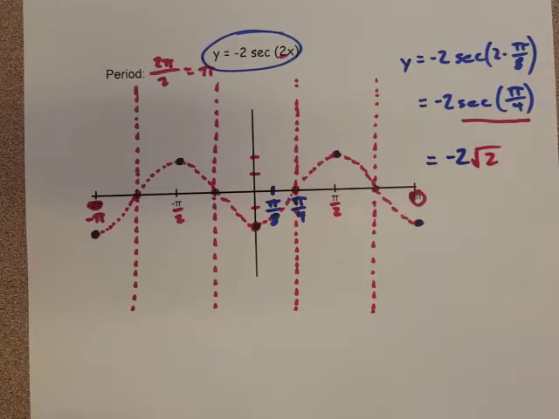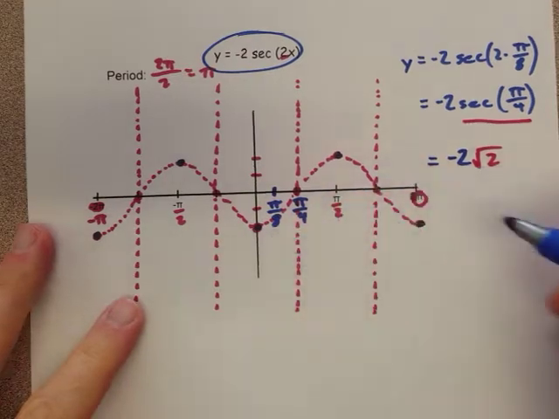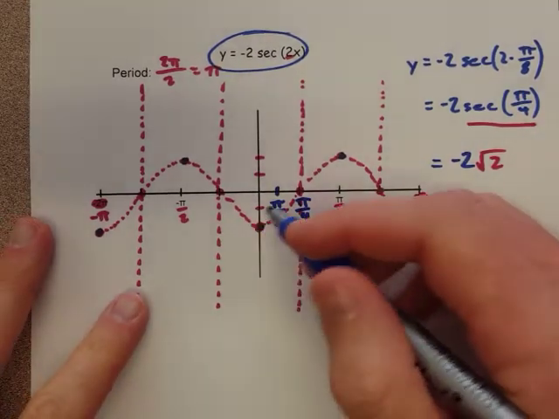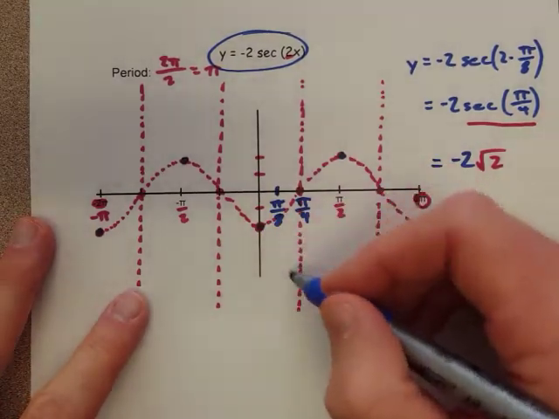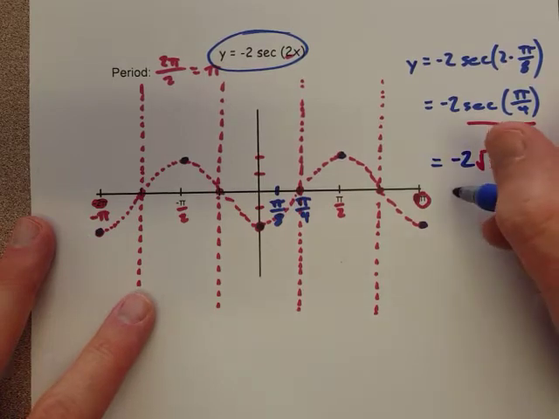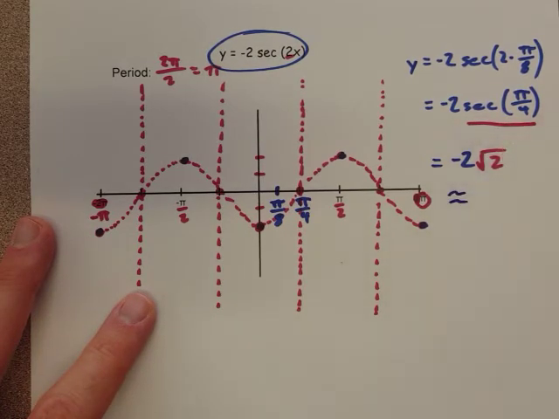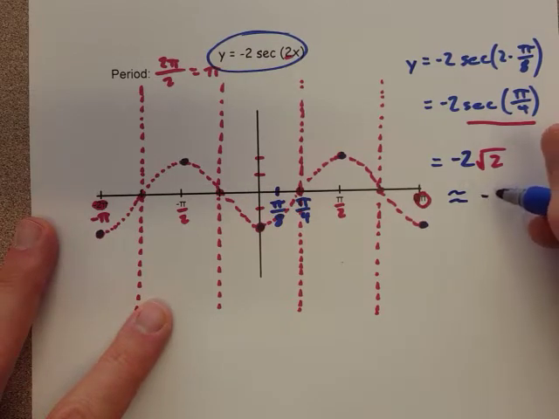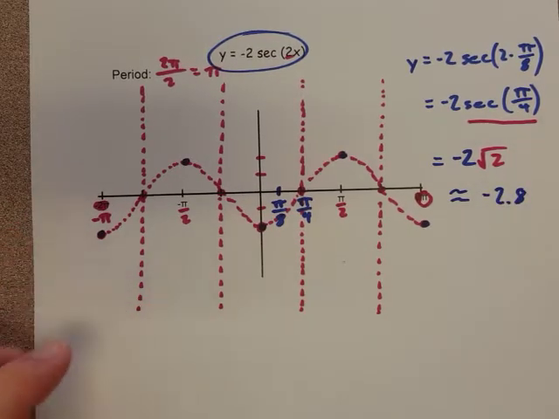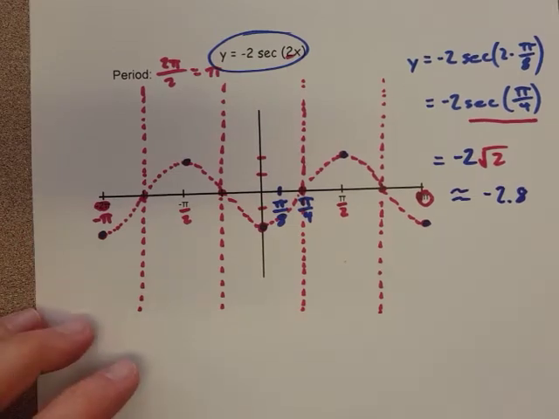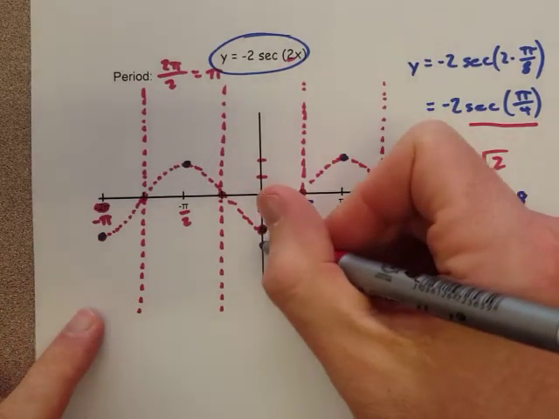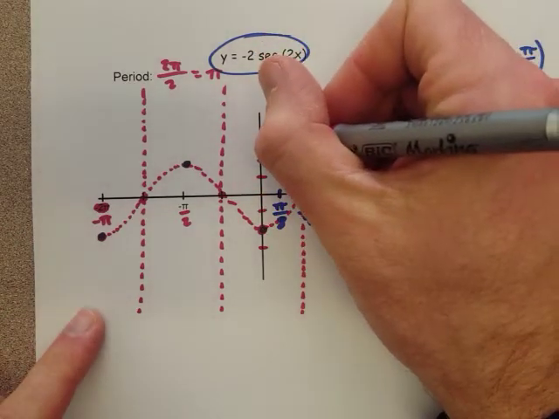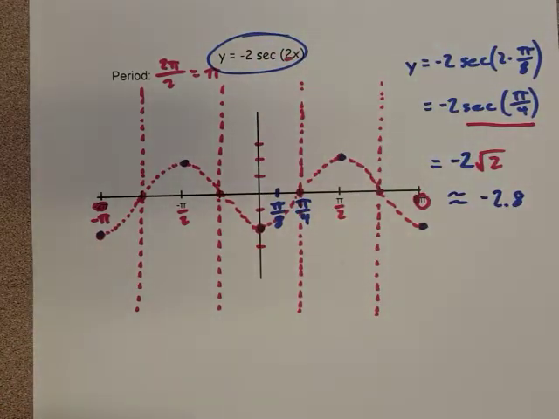as our y value where this is going to have a curve in that first branch. It's not a bad idea to get the approximate amount. This will be about negative 2.8 when we're graphing it. So I'm going to extend this one extra tick mark on each side. That'll help us out with the values.